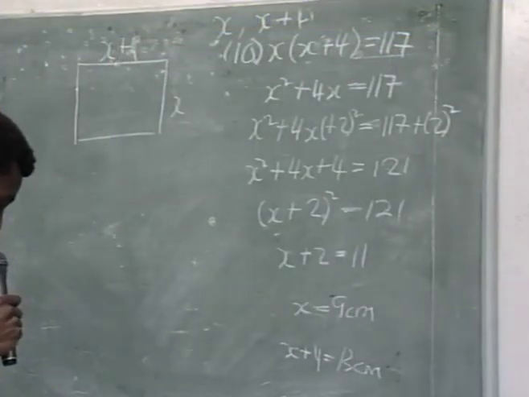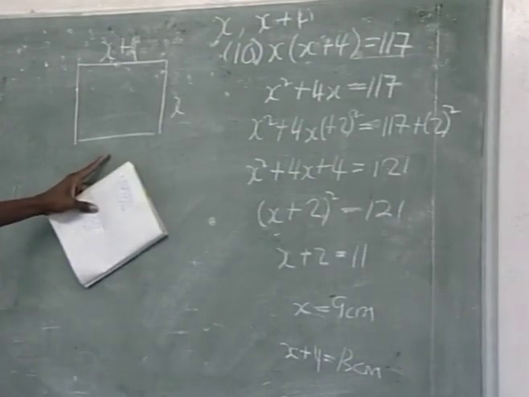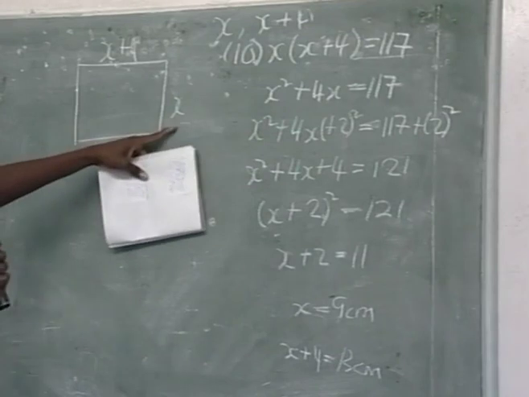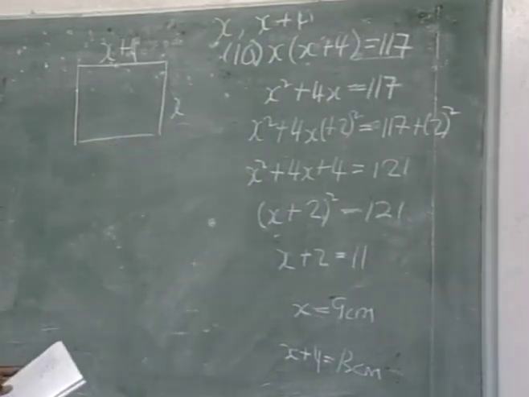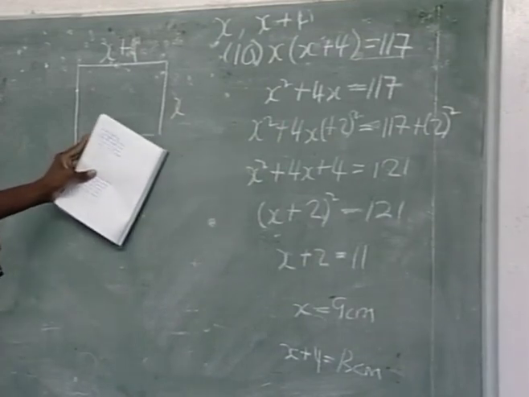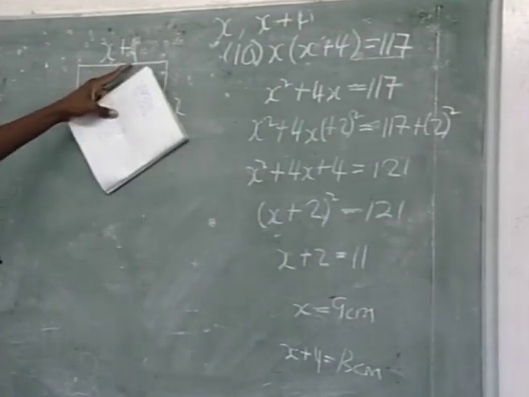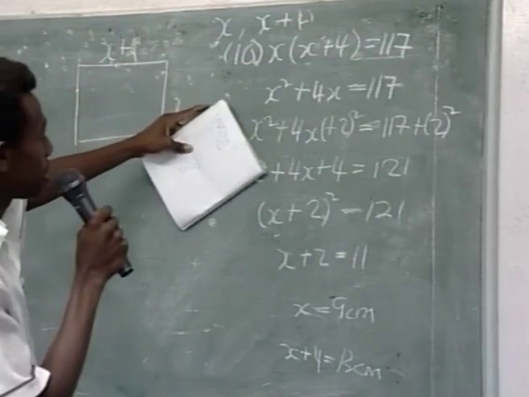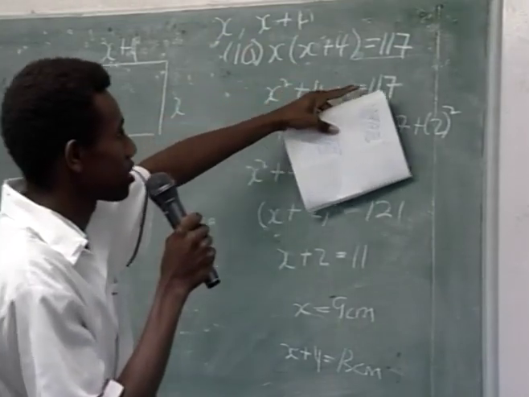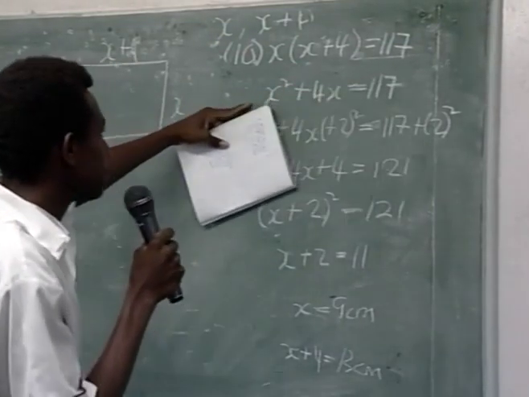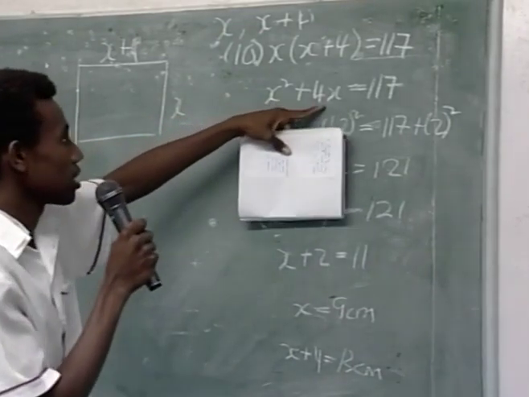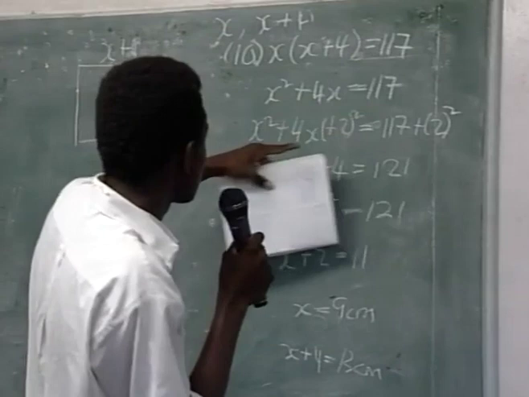First, you let the unknown be x, which is the breadth. It is x, and the length, which is x plus 4. And the equation is x times x plus 4 equals 117, which is x squared plus 4x equals 117.